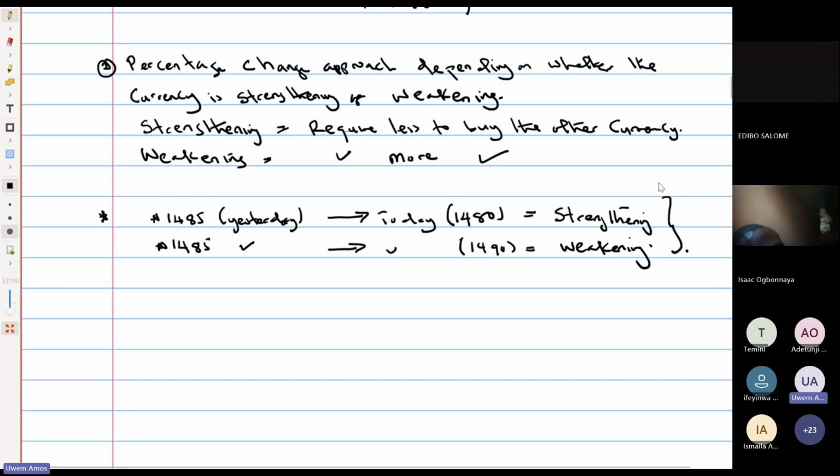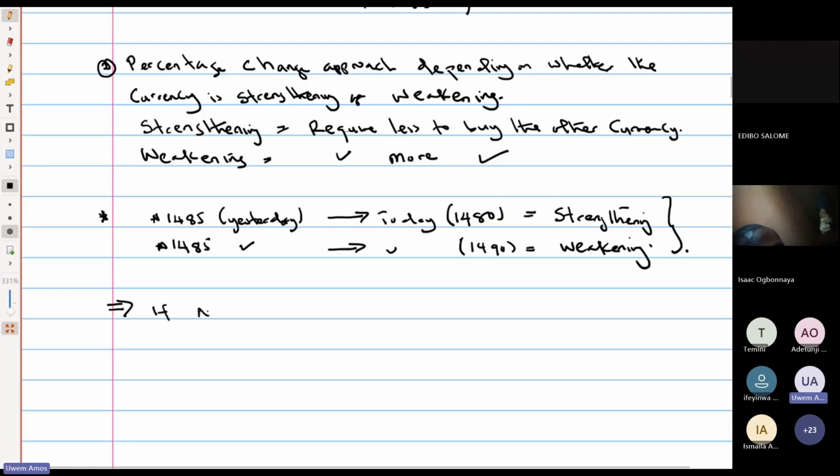Now, there's an important principle to note here, which I should state before I proceed: if one currency is strengthening against the other currency, automatically the other currency is weakening against it. So what do I mean by that?